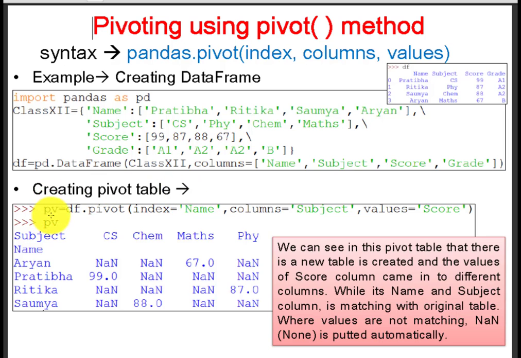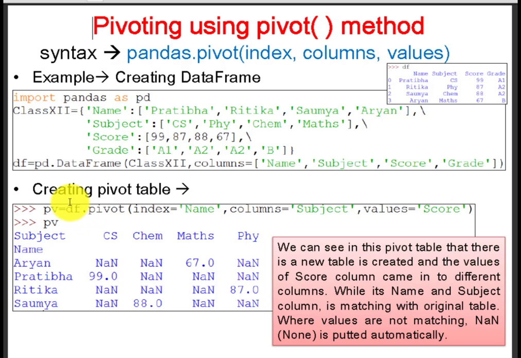Just first create the pivot identifier. This is the pivot identifier pv, a user defined name. pv equal df, that is the data frame object name, with which data frame you want to convert into the pivot table.